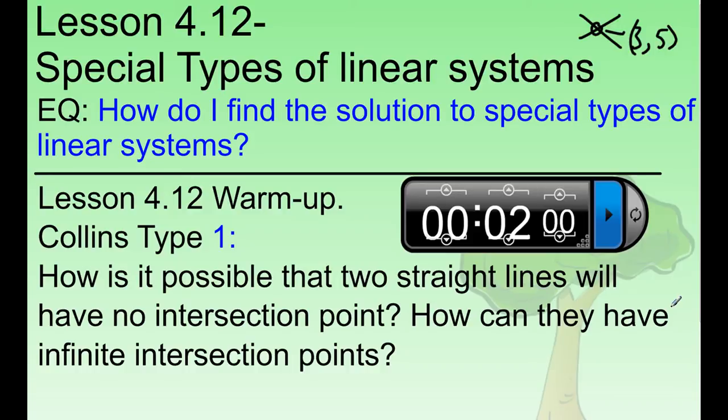If you extend the lines forever in both directions, how is it possible that they will never intersect? And how is it possible that they will intersect at an infinite number of places? Something interesting to think about. Go ahead, pause the video, answer the question. When you're ready to move on to the vocabulary, hit play, and we'll move on.